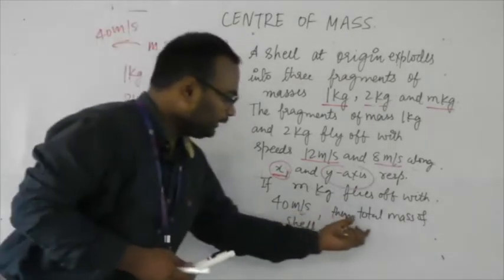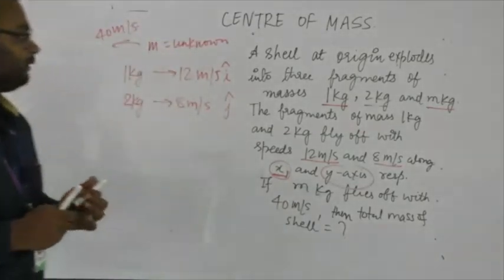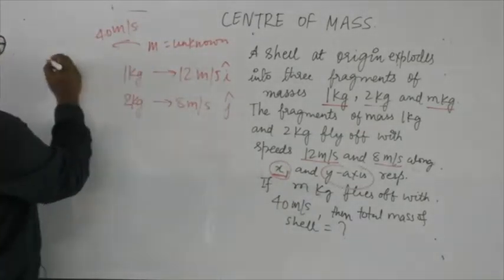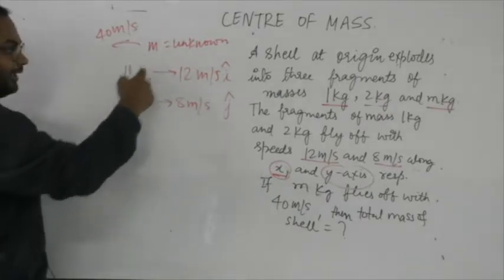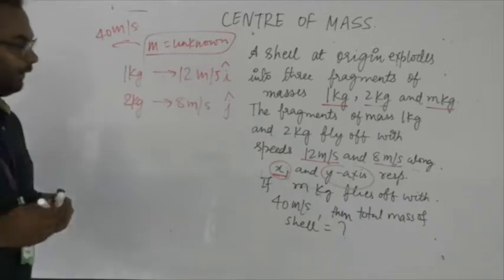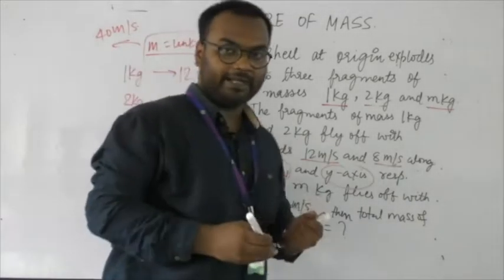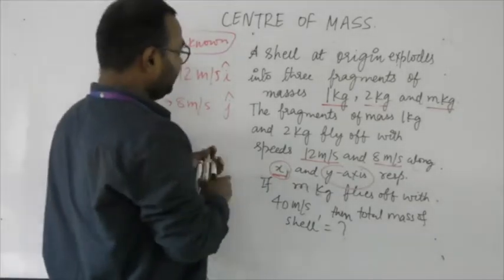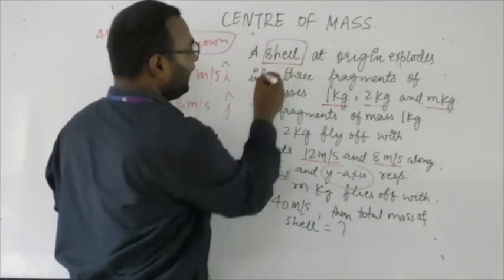Okay, the total mass of the shell is what? Total mass will be 1 kg plus 2 kg plus m, which you have to find. Now how will we apply the conservation of momentum here? There was a shell, that means at rest.